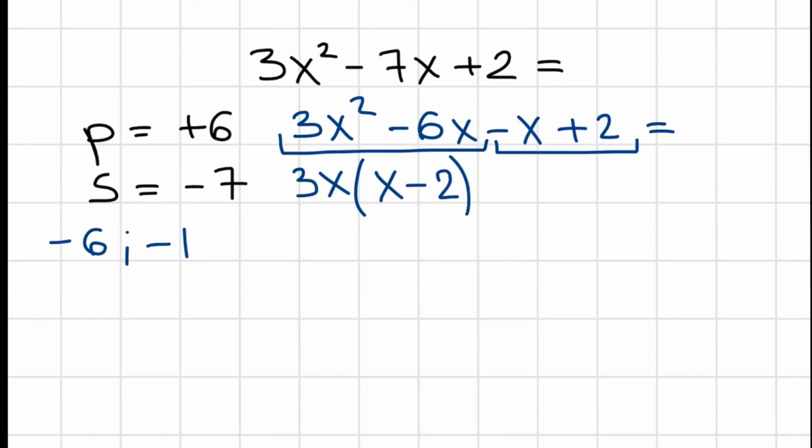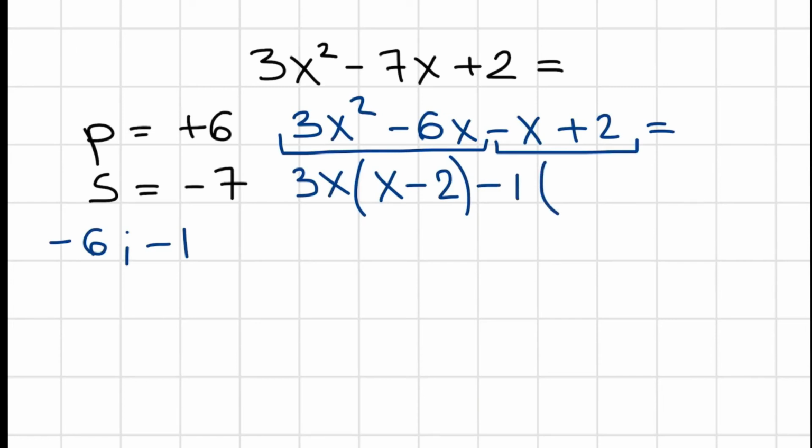In here, our common divisor is 1. However, I wouldn't write plus 1, because if you did, here you would get x minus x plus 2. So to get the same bracket, you would have to take out a minus.